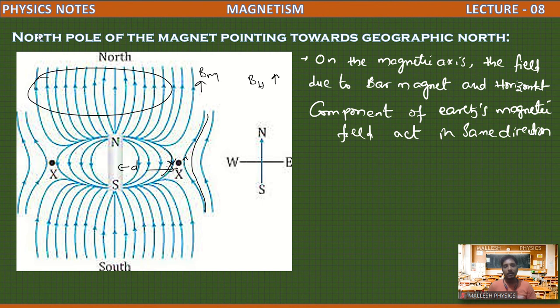At this distance, Earth's magnetic field and the bar magnetic field both become equal in magnitude, with opposite direction. So there the null point will be found. In the same way on the other side, at the same distance, this is the direction of the magnetic field of the bar magnet, and this is the direction of Earth's magnetic field. Both are in opposite directions, so at the same distance the null point will be formed.